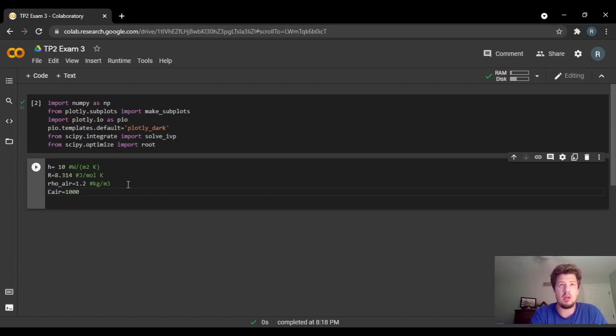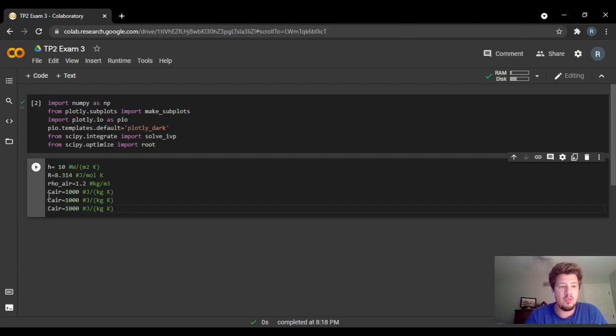That you can find online, for the heat capacity, kilograms per Kelvin. And then we need to find the heat capacity for water in the liquid phase and water in the gas phase.